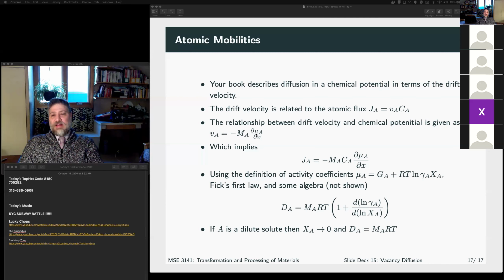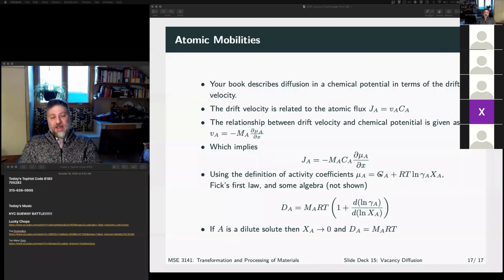Basically, the higher your chemical potential gradient, the faster the atoms are going to be moving, and this proportionality constant is something called the mobility, right? So that means your flux is going to be your atomic mobility times your concentration times your chemical potential gradient.